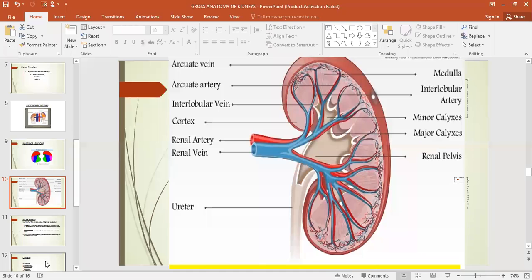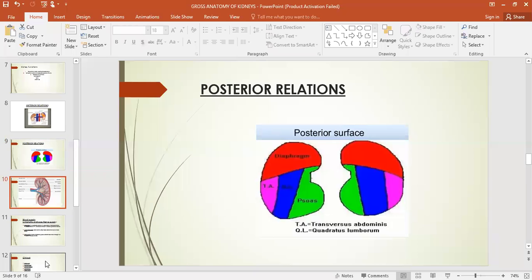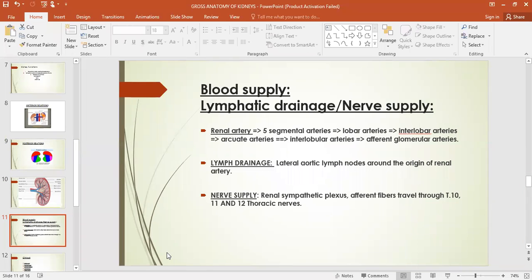This is the diagram of the blood supply. Blood supply to the kidney is by the renal artery, which arises from the aorta at the level of the second lumbar vertebra.